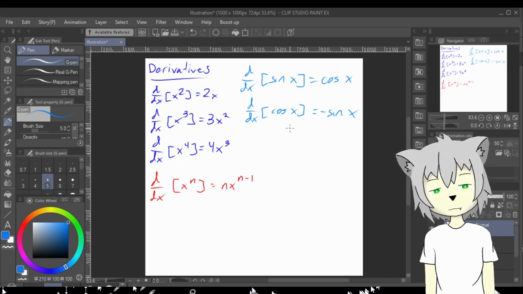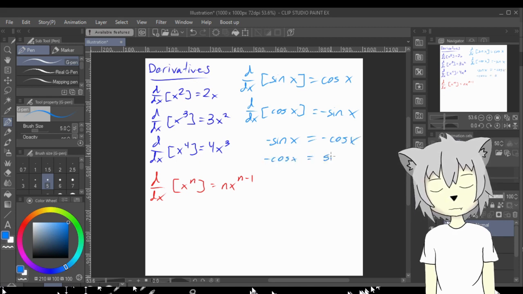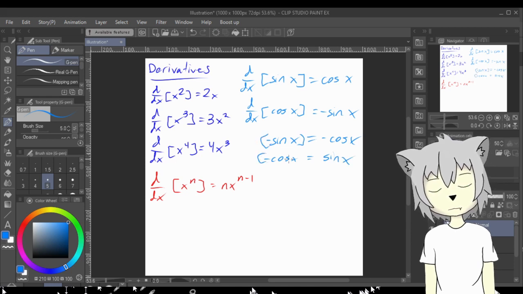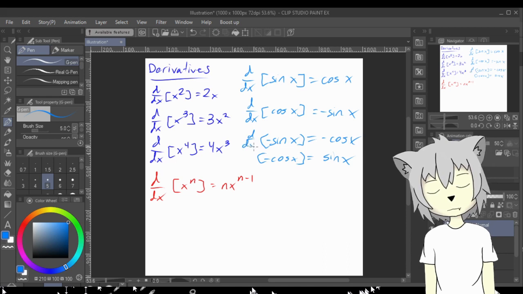And it sort of just goes back: the derivative of negative sine of x is negative cosine of x, and the derivative of negative cosine of x brings you back to sine of x. It's just a huge loop when it comes to these things.